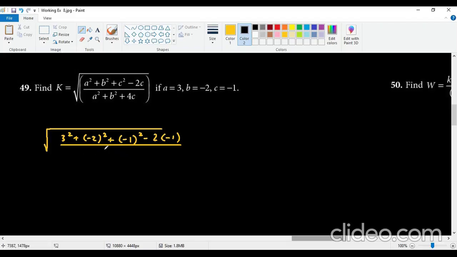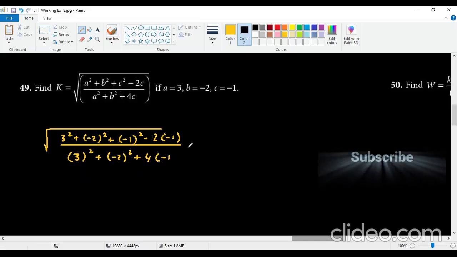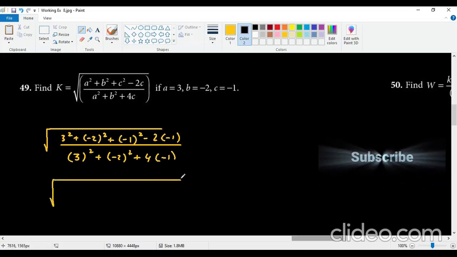The whole thing is going to be a numerator. As a denominator, a squared, which is 3 squared, plus b value negative 2 squared, plus 4 times c, which is negative 1. Now we are going to simplify this.